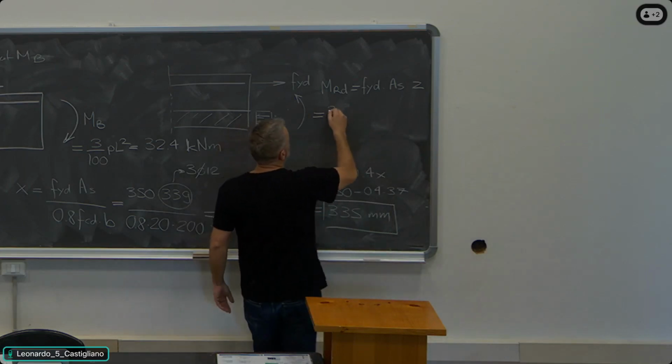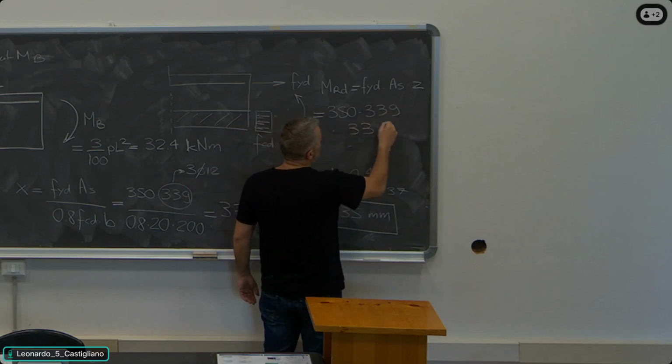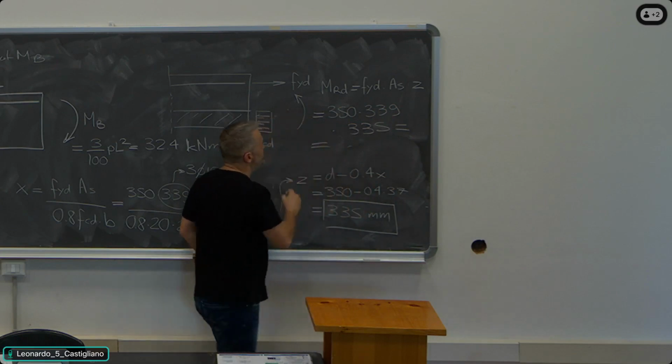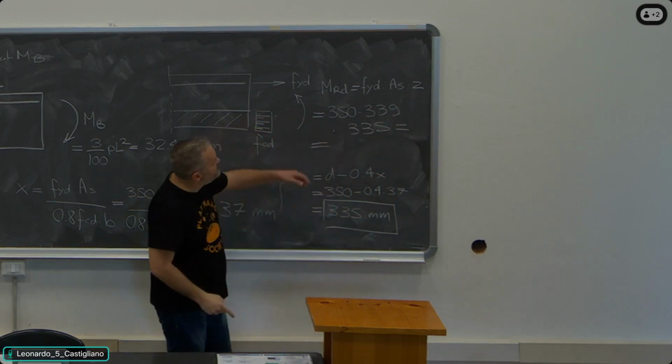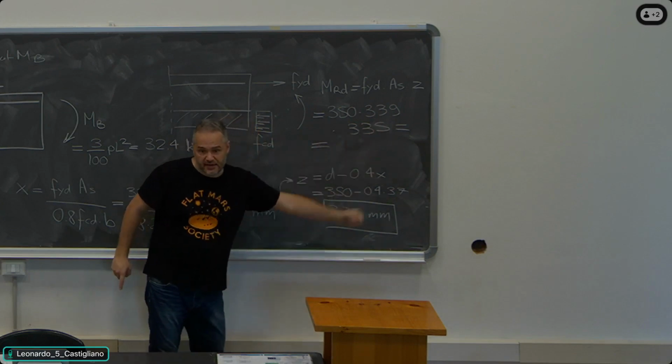Again, 350 times 339 times 335. All very much alike, but with different meaning. Yield strength, area, internal lever arm.